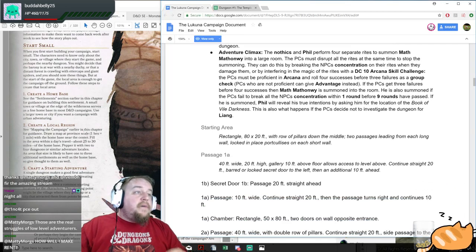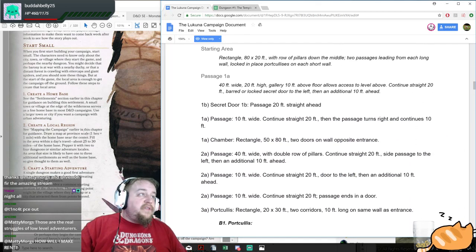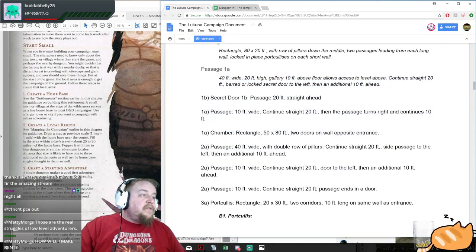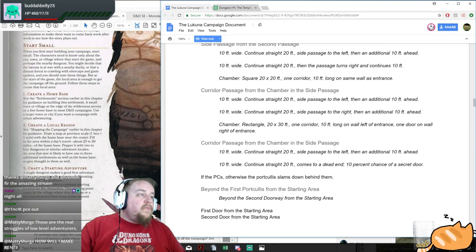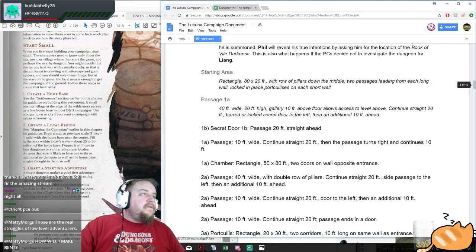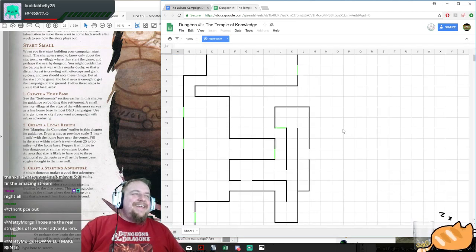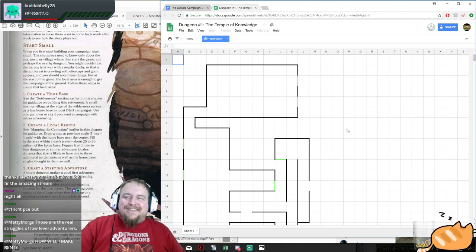And when we do come back, Ivelon, are you willing to go through the dungeon that you made here? I think you did a lot of the setup. Can you talk a little bit about what does all this stuff here mean? Chamber, rectangle, 20 by 30, 1 corridor, etc. It's a giant mess. I can take you through it. It's not pretty, and it's not really ready, but yeah.